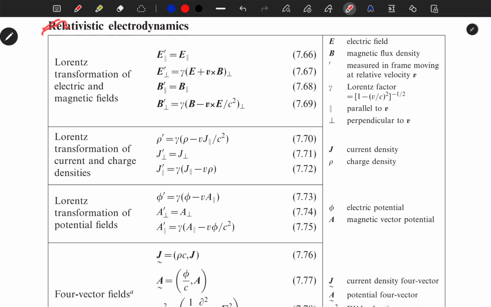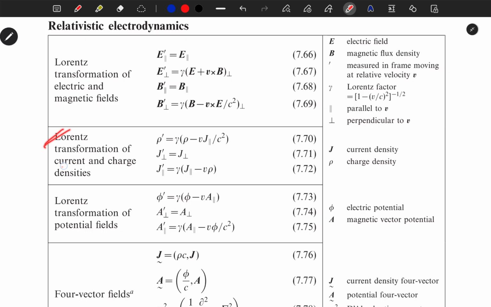Now relativistic electrodynamics. Lorentz transformation of electric and magnetic fields: E parallel equals E parallel at different frames. Transformation rule: E perpendicular equals gamma times (E plus v cross B) perpendicular, B parallel is also B parallel, and B perpendicular is gamma times (B minus v cross E by c square) perpendicular.